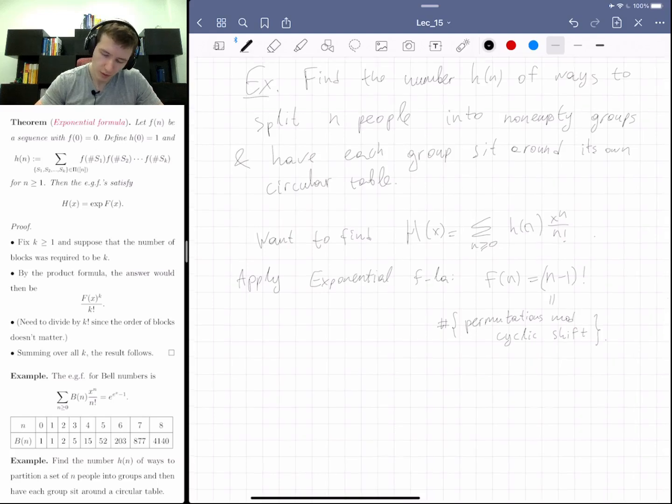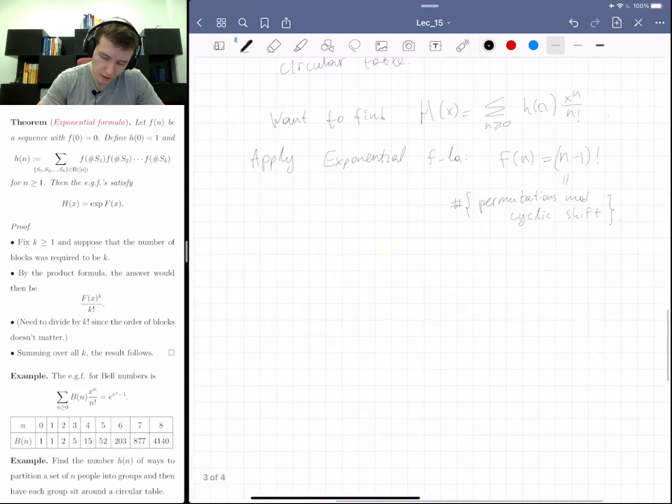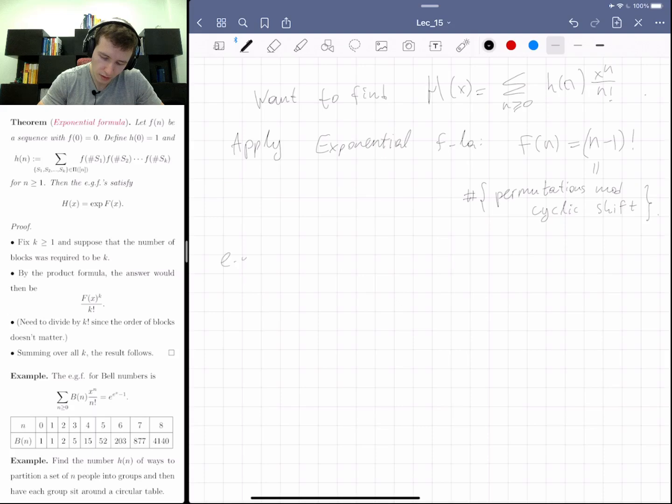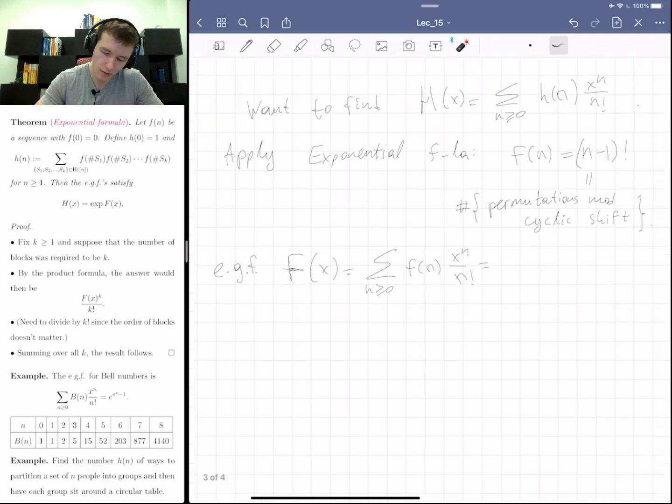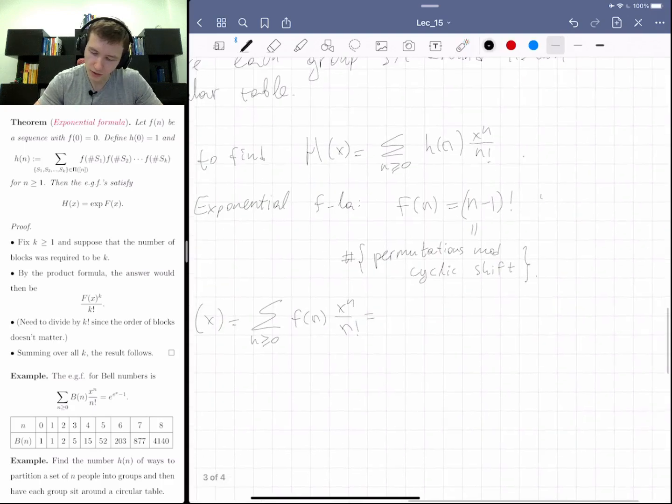So the exponential generating function of f of n, f of x, is the sum, n greater than or equal to 0, of f of n, x to the n over n factorial. So f of n is n minus 1 factorial if n is greater than or equal to 1, and f of 0 should be 0. If you have 0 people, let's pretend they cannot sit around the circular table.